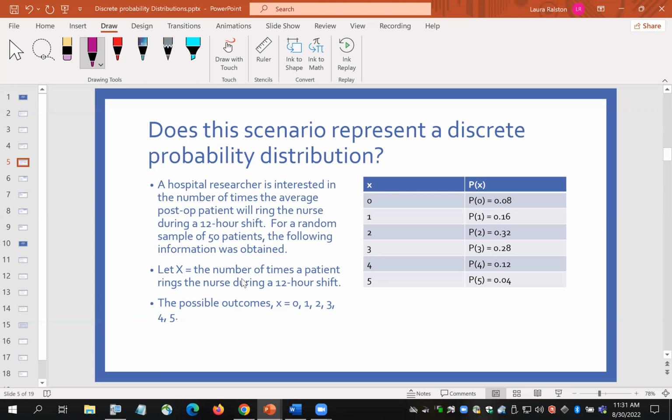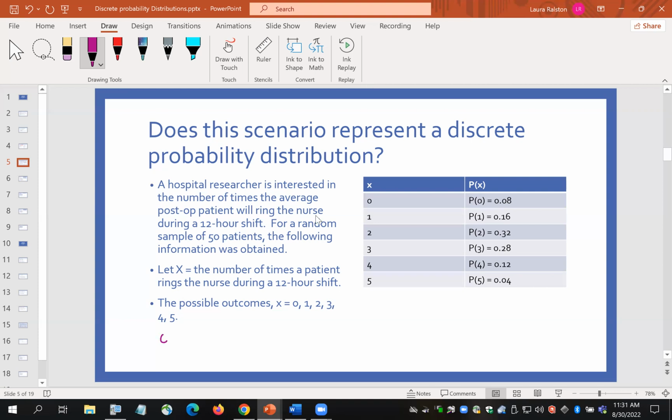So how do we decide whether this is a discrete probability distribution? What do we need to do? There are really two things. We have to confirm those two characteristics that I've mentioned several times.